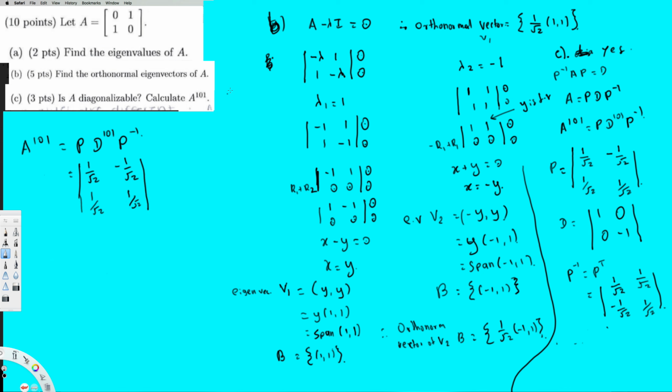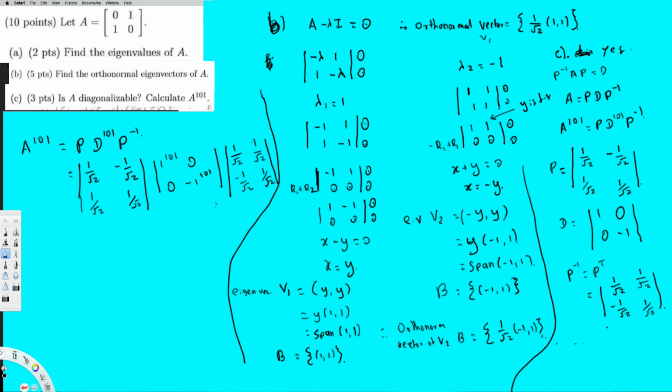D to the power of 101 is going to be simply the power of these entries. So it's going to be 1 to the power of 101, 0, 0, minus 1 to the power of 101. And then we put the transpose here. Whatever transpose we found is 1 over root 2, 1 over root 2, minus 1 over root 2, then we are going to have 1 over root 2, 1 over root 2.